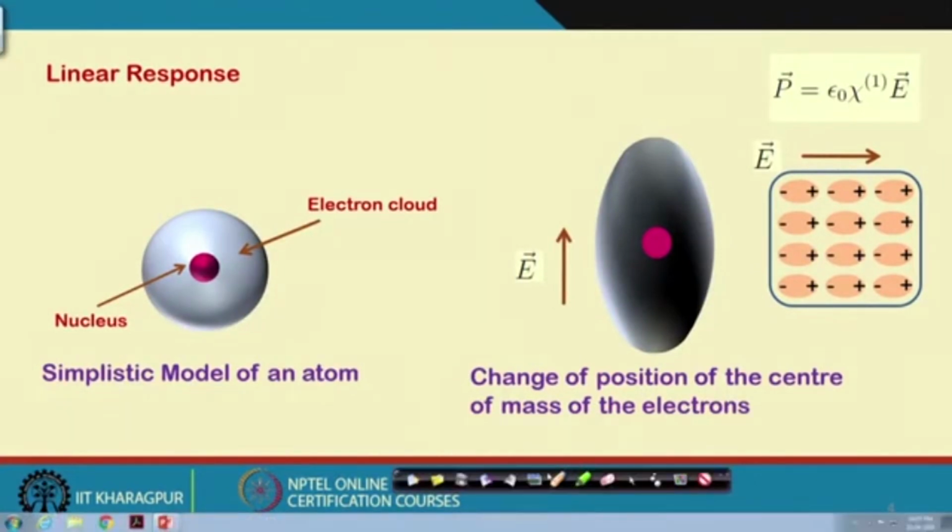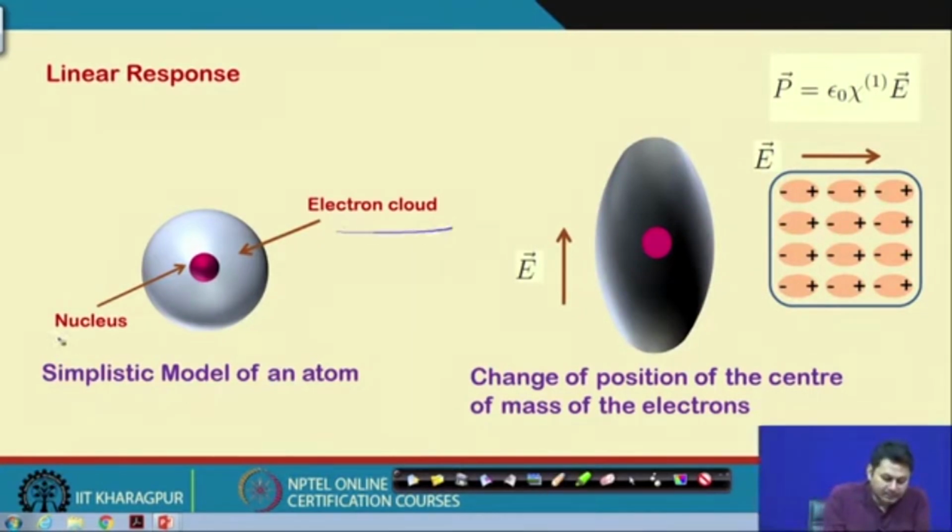In linear response, without any electric field, this is the structure. Without any electric field, we have an electron cloud here and a nucleus here. So, the nucleus is surrounded by the electron cloud.